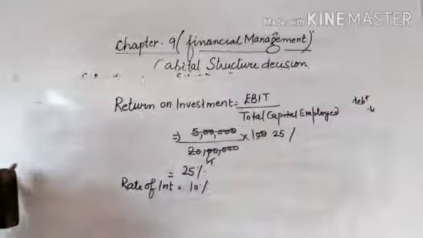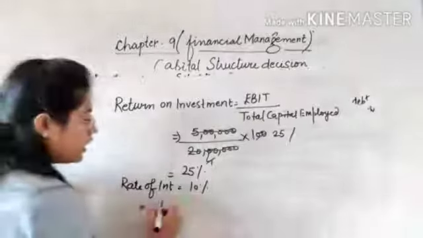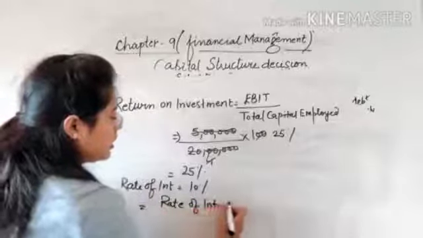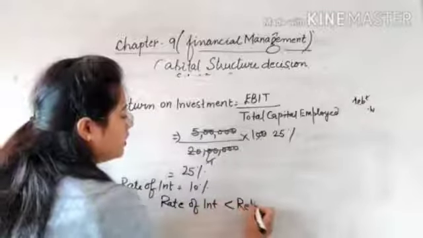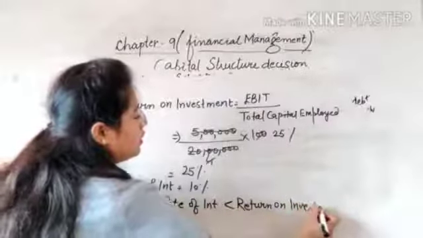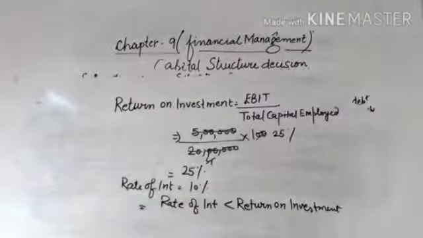So, debt is beneficial for the firm. That is, if rate of interest is lower than return on investment, then shareholders will gain due to debt component in the total capital employed.